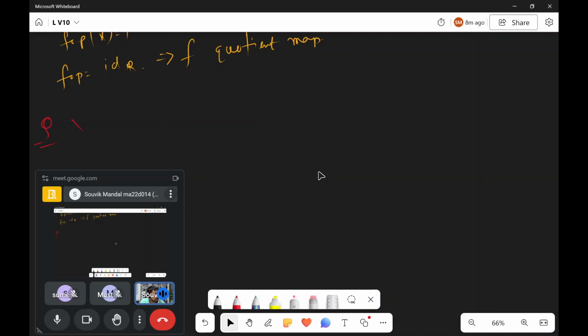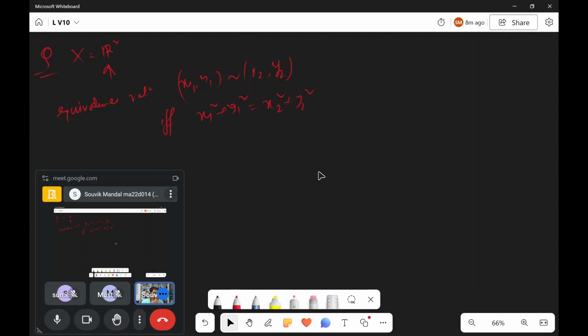The next question is for X equal to R squared, and here we are defining the equivalence relation (x1, y1) related to (x2, y2) if and only if x1 squared plus y1 squared is equal to x2 squared plus y2 squared. Now, of course, find the quotient space X star.